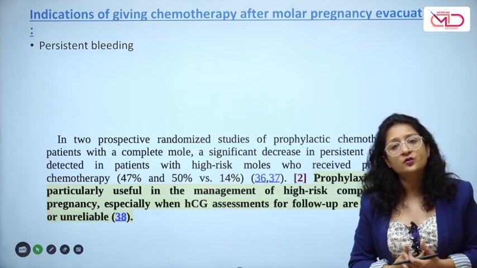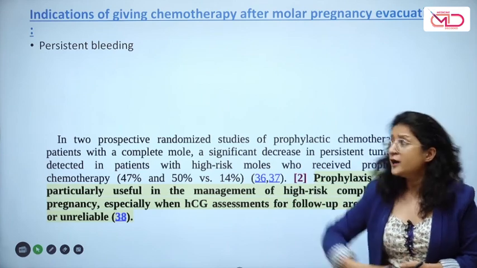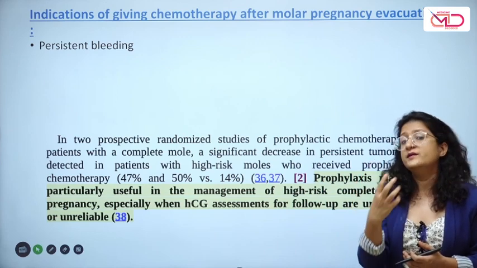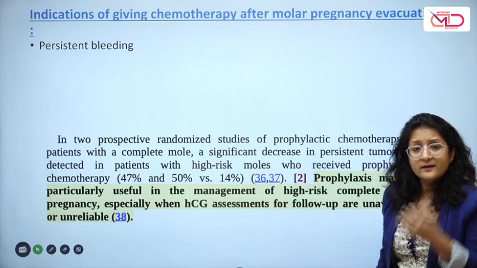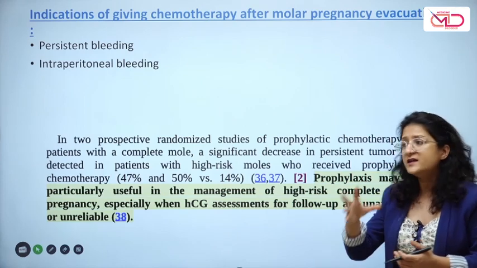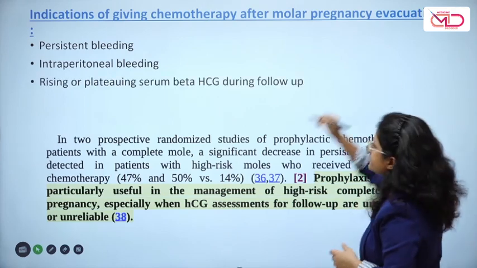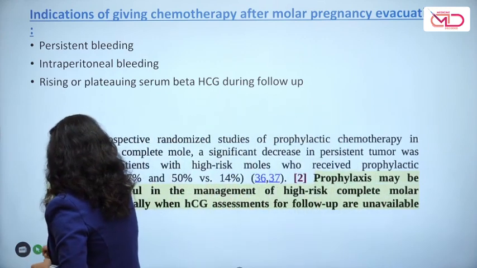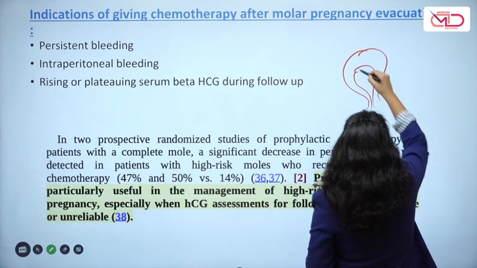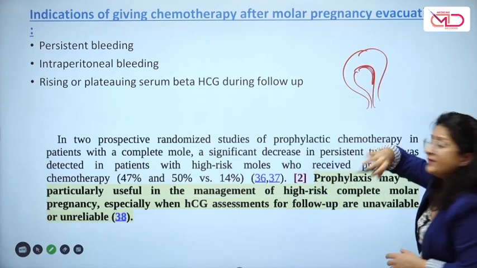We've done the evacuation and the bleeding doesn't stop. Now, persistent bleeding after evacuation raises the possibility of invasive mole. If there's intraperitoneal bleeding, an invasive mole, you've done the evacuation, nothing is inside the uterus.